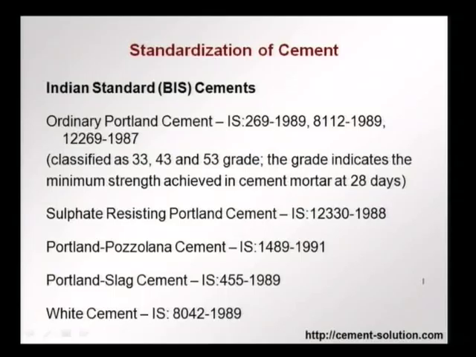I have listed here some of the cements governed by the Indian standards, and these are the ordinary Portland cement, which can be found in 3 grades: 33, 43 and 53. This grade indicates the minimum strength to be achieved in a standard cement mortar at 28 days, and these are the respective standards that are used for the 33, 43 and 53 grade.